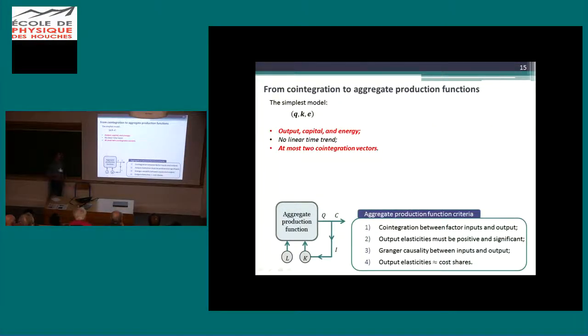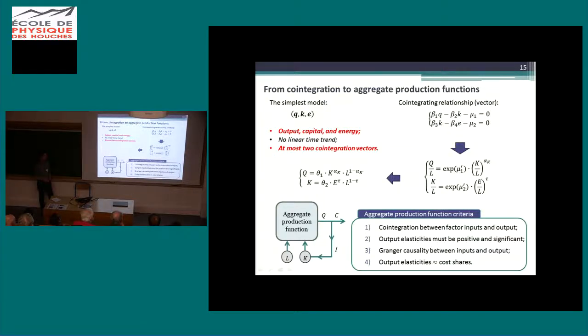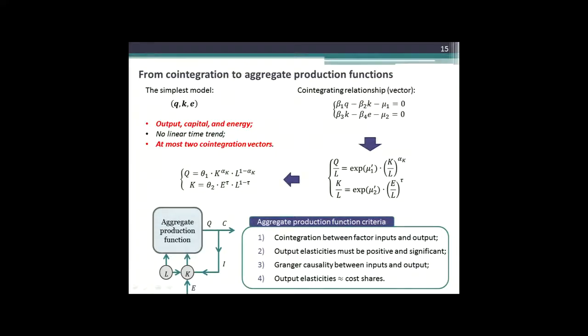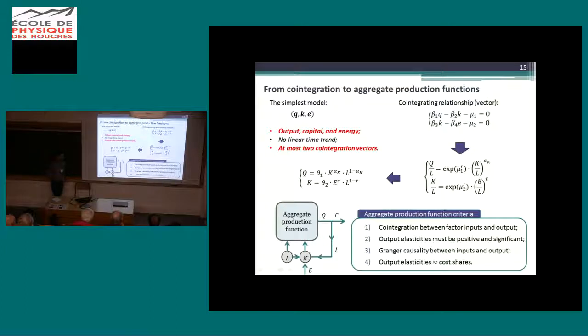And then, this is an interesting case we can have in our analysis, with 3 working variables, we can have at most 2 cointegration relationships between them. When this is the case, we can write them as such. We can normalize one of them to the output variable, having a production function with just capital and labor. The second relationship is linking all the factors of production. We can normalize to either one.